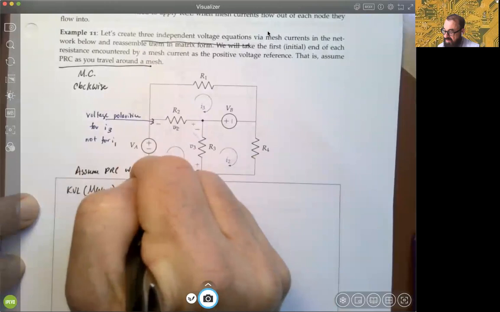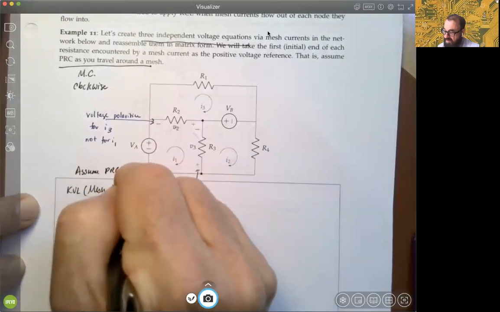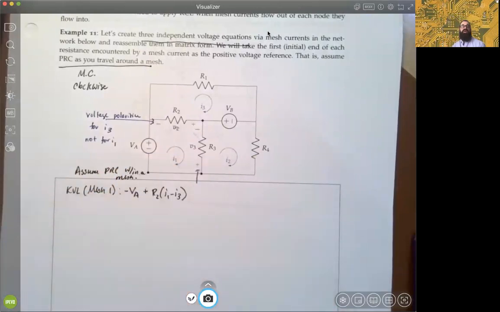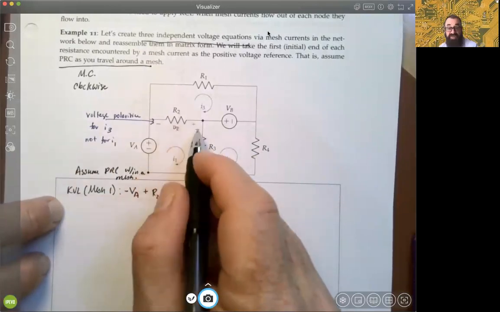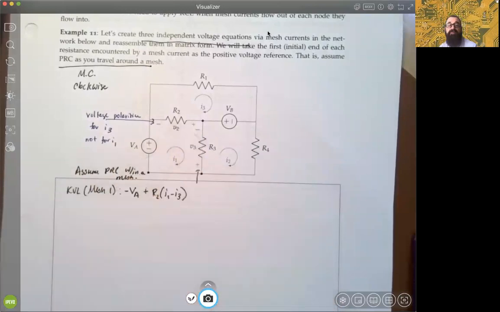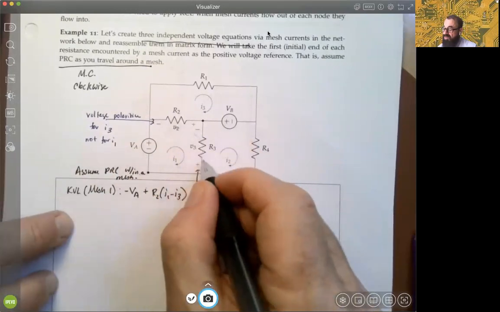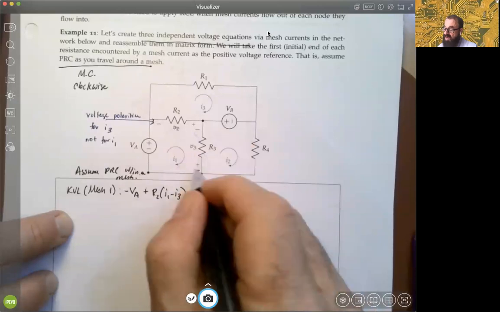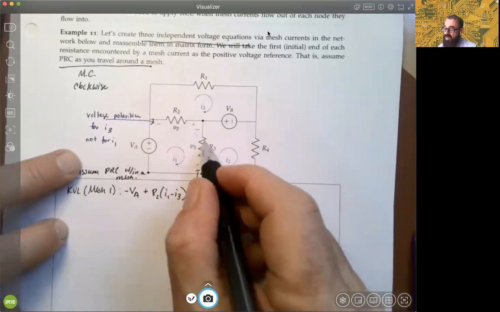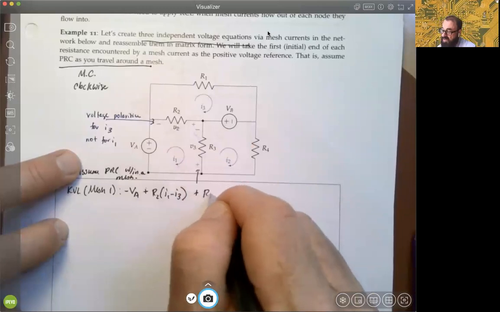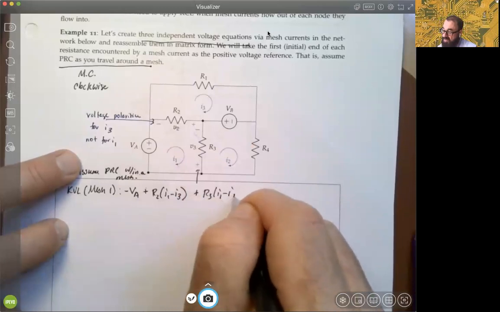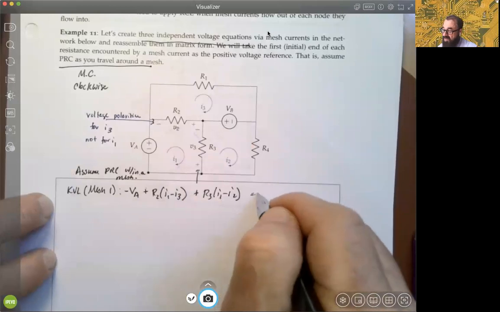within a mesh. The goal is just to say which of the mesh currents will be achieving that PRC. I1 will. Then we continue on through this resistance. If it's PRC, I1 is the positive one and I2 opposes, so we get R3 times (I1 minus I2), and that is equal to 0.